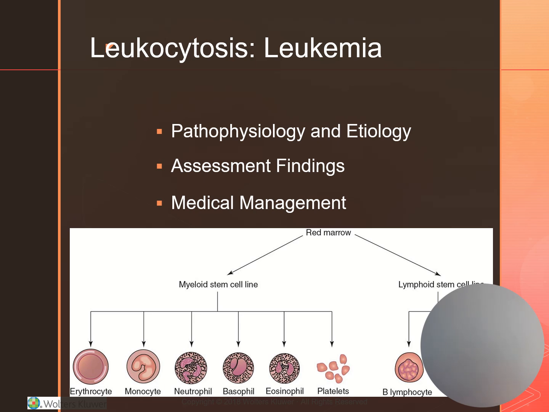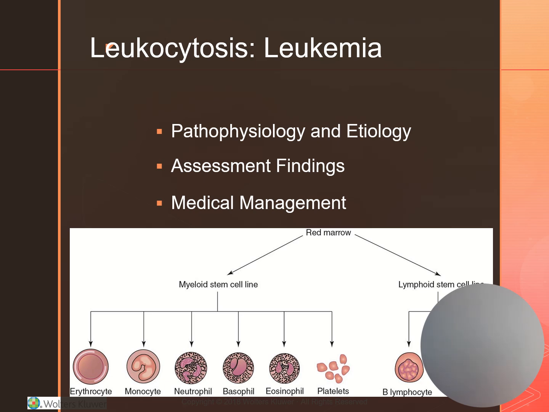These come from the bone marrow, and dysfunction will affect the lymphoid stem cells. And then we can have acute and chronic myelogenous leukemia, which are in the myeloid stem cells. Precipitating factors of leukemia include a genetic correlation, exposure to toxic chemicals, radiation, viruses, and some drugs.